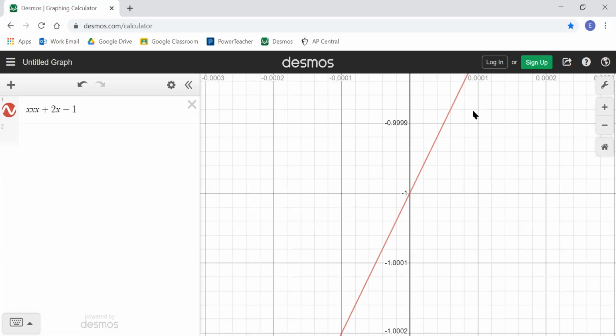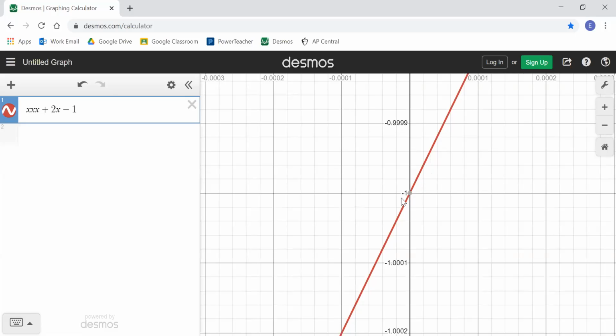If I take the interval of h and make it very, very small, the line between two points on that tiny interval is almost exactly the same as the function on that interval.